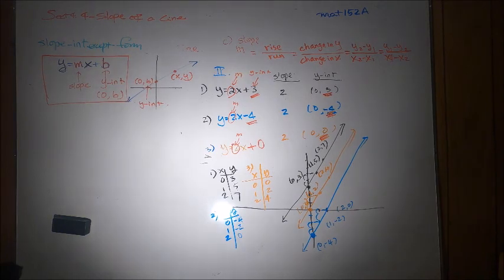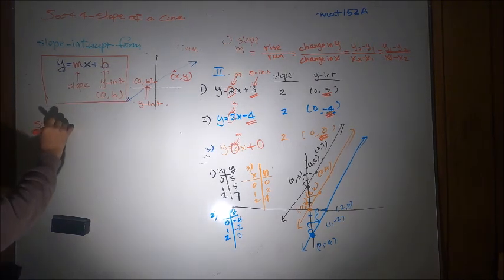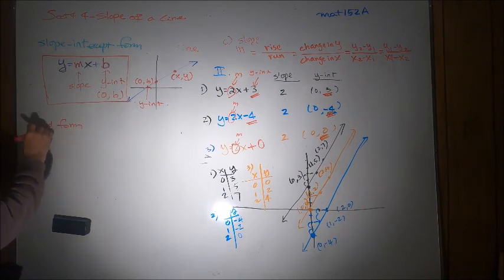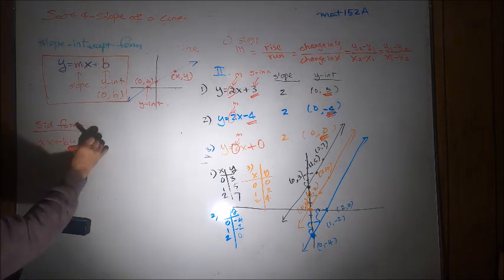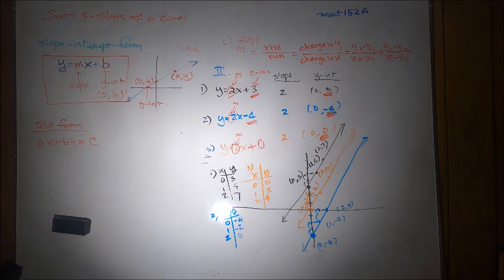Okay? So far we have learned several forms, right? First one is what? Standard form. Have we learned that? For a linear equation, we write it as Ax plus By equals C, right?